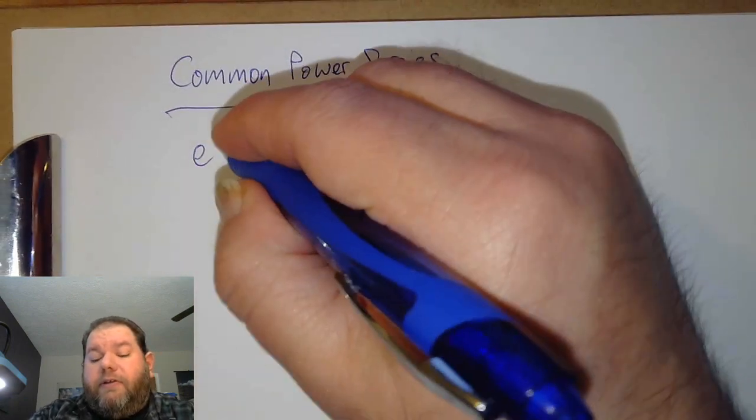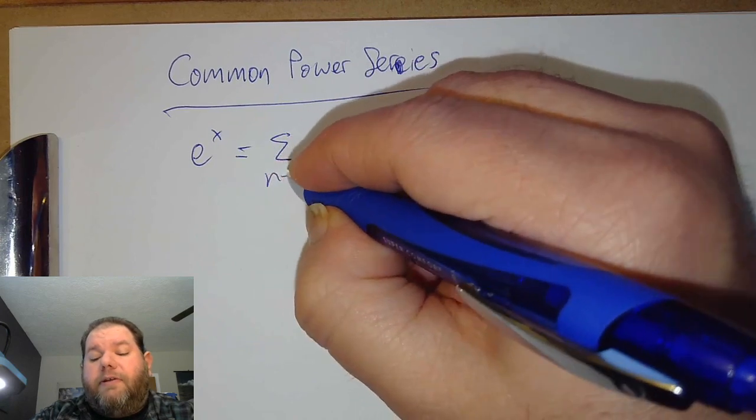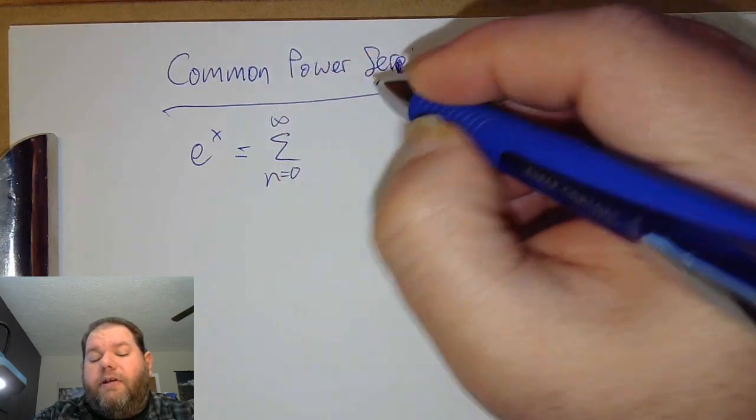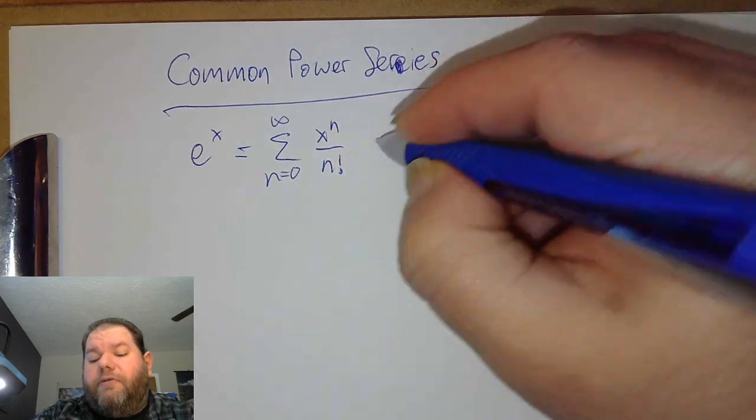e to the x, we talked about this a little bit last time, but it's the sum from n equals 0 to infinity of x to the n over n factorial.